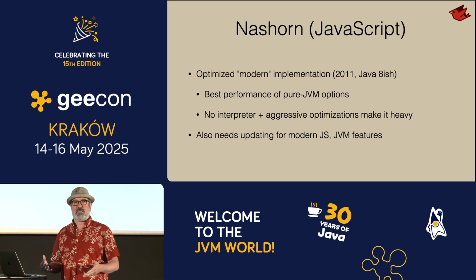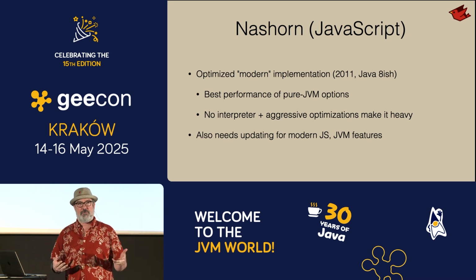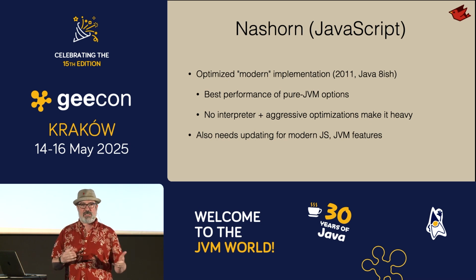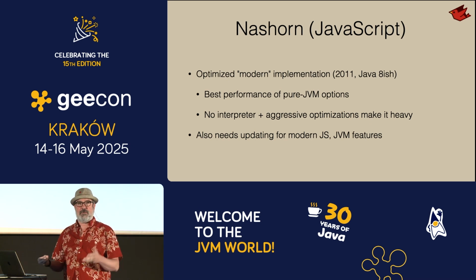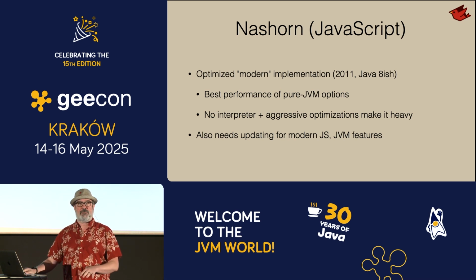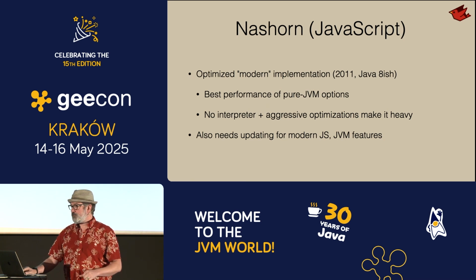But because of these aggressive optimizations, it ends up feeling pretty heavy. It generates a lot of JVM bytecode, a lot of JVM classes, and so for certain use cases, it may be a little heavier to use than something like a Rhino. Again, this has also kind of fallen behind on JavaScript and JVM features, but it's out there, it could be updated, and I'd love to see that happen.